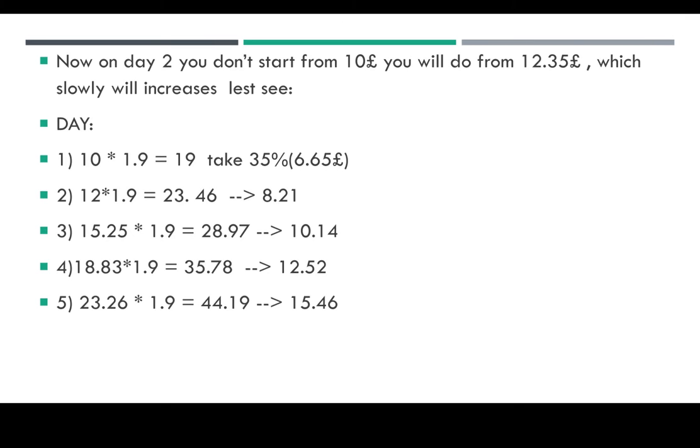That means we start with a little more than the day before, and that's how it goes over the 5 days during the week. You go from 10 to 19, take out 6. 12 to 20, to 30, take out 8, etc., and on the 5th day you start with £23, you go to 44 and you withdraw 15.